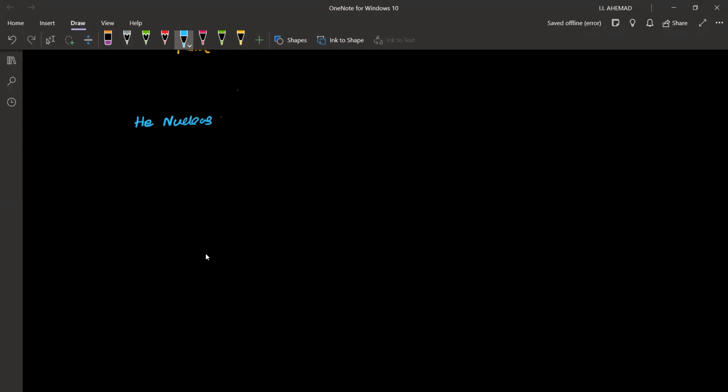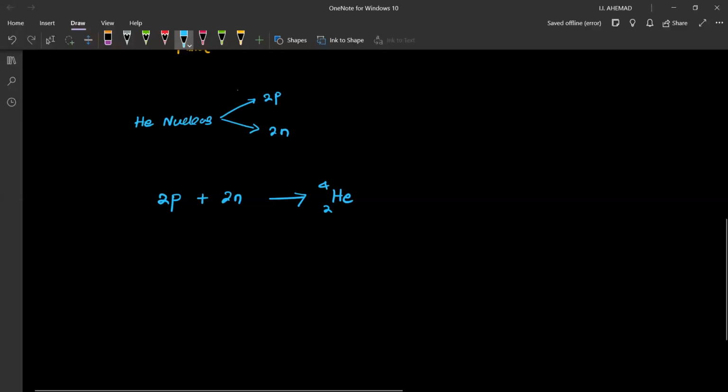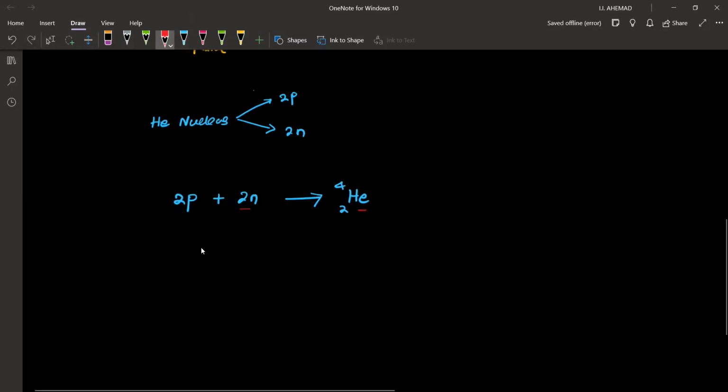Helium's nucleus consists of 2 protons and 2 neutrons. So if I combine 2 protons and 2 neutrons, I must get helium's nucleus. Agree with that? Do we have anything in addition to them? No, right? We only have 2 protons, 2 neutrons, and it has to give us the helium nucleus.